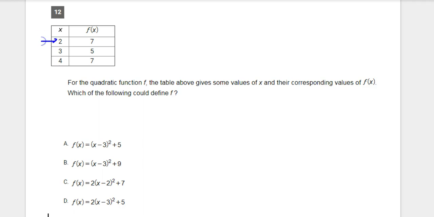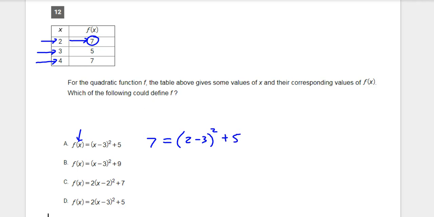So you can take these x's and you can just plug them in and see if you get the y value with it. So for instance, I thought it was A, and remember, plug these in and see if it's true. Is it true that 7 equals, because f of x is 7, so I'm putting it in here, 7 equals (2 minus 3) squared plus 5?